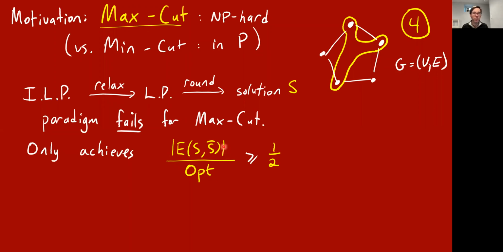So you don't really need linear programming to get this kind of weak result. In fact, in the de-randomization lecture, we talked about how you could just pick a random partition and it would cut half of all the edges, which is certainly at least half the optimum max cut, in polynomial time, and this was easily de-randomizable.